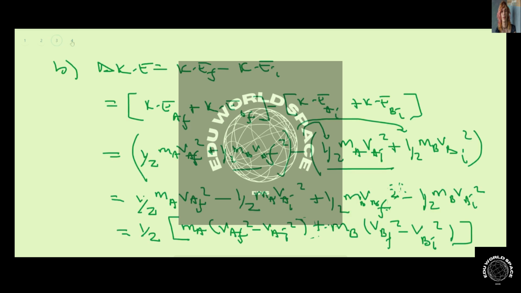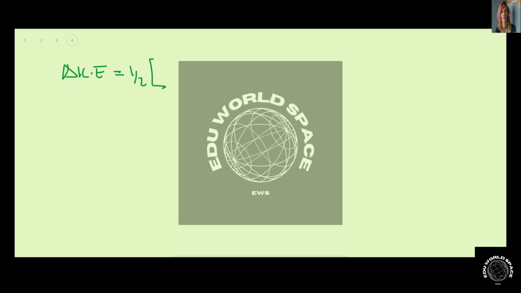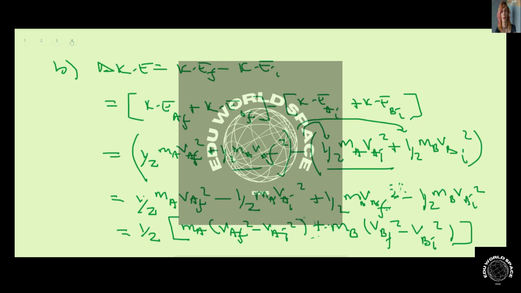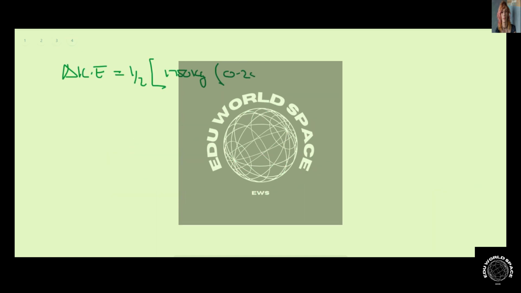So the change in kinetic energy becomes equivalent to 1/2. We plug in the numbers. Mass of A is 1750 kilograms, and then we plug in the final velocity of A, which is 0.25 meters per second.